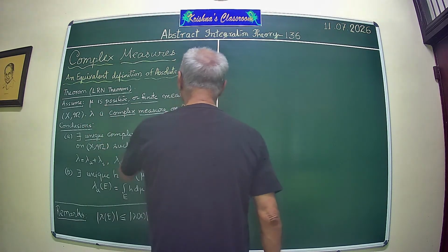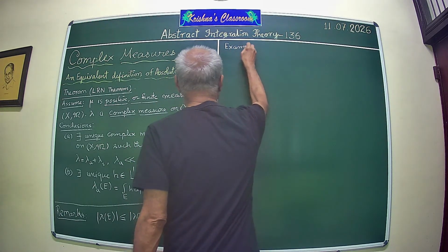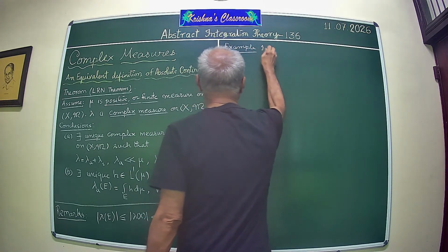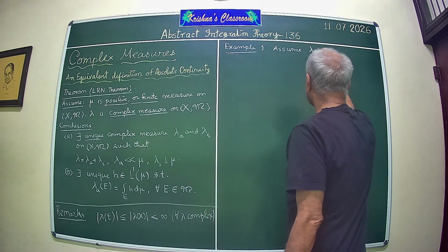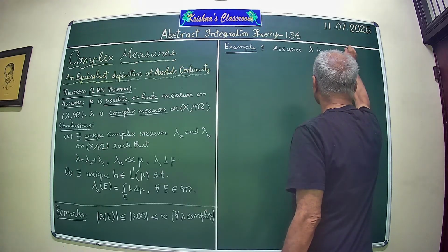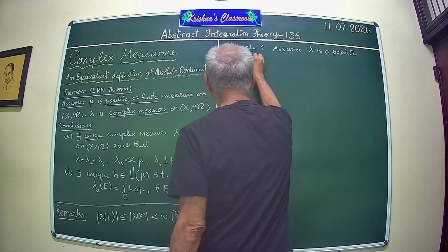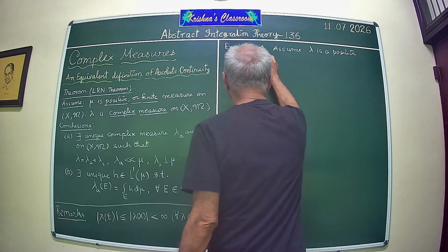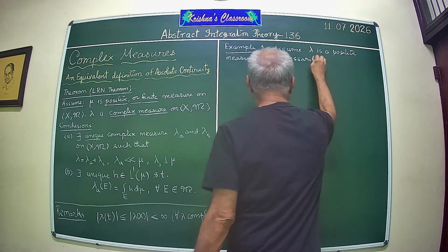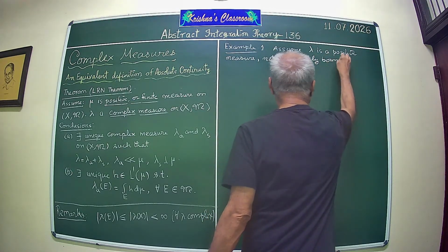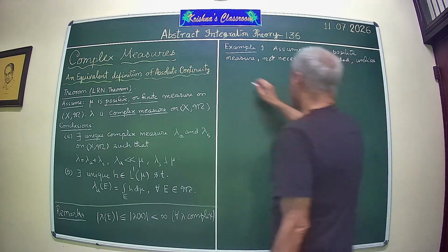Okay. So we assume the following. Example: assume lambda is a positive measure, so not necessarily bounded, unlike a complex measure.